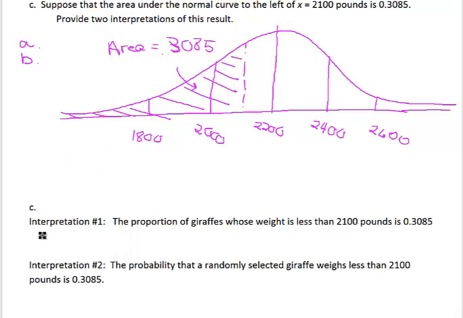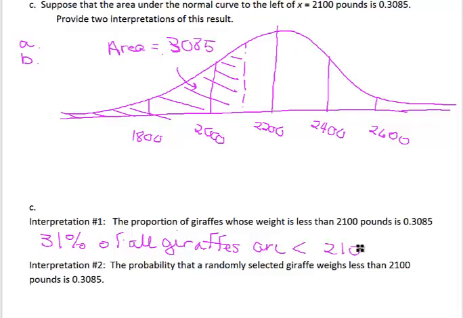So 31, I'm going to go ahead and round it, % of all giraffes are less than 2100 pounds. Okay, that's one way. That's the way my brain tends to see it more.